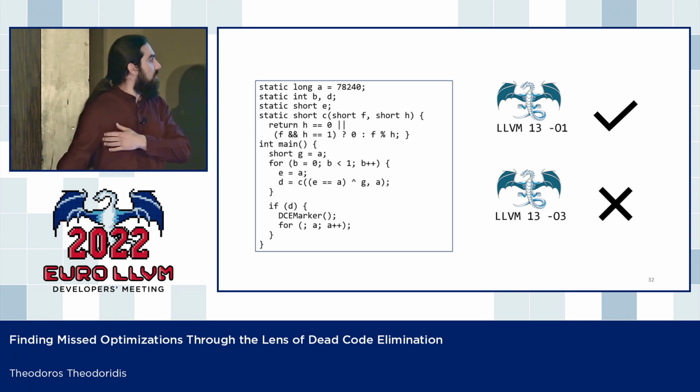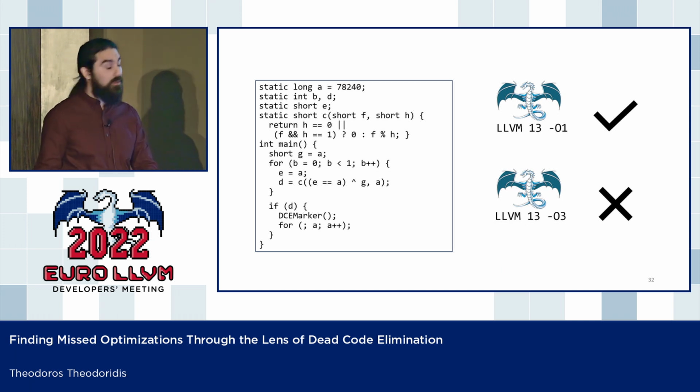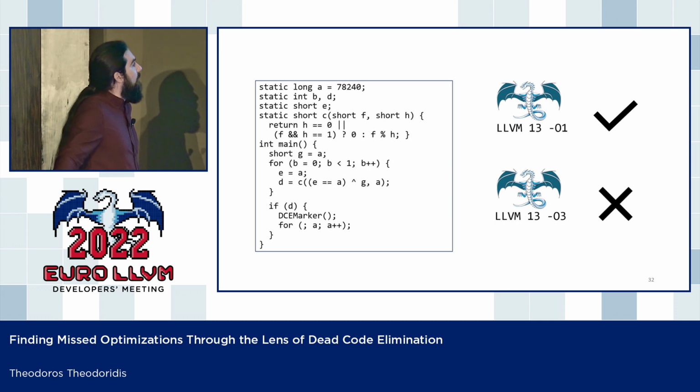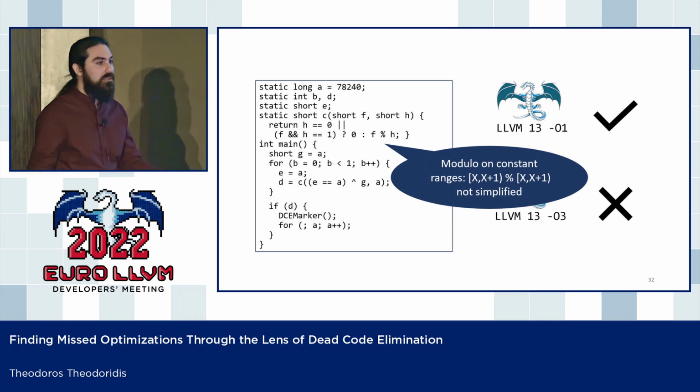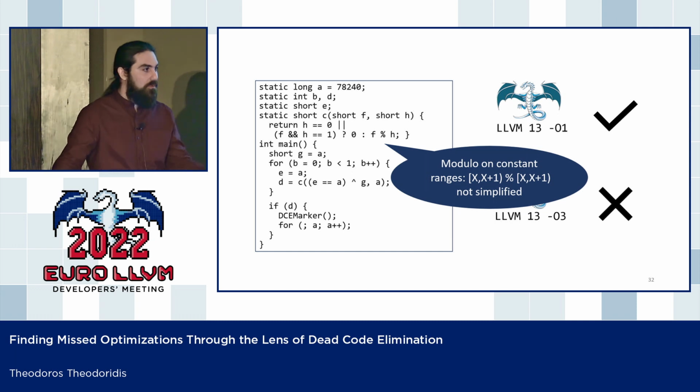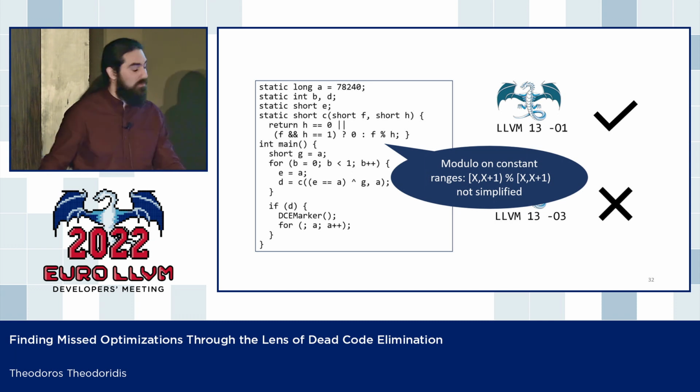So again, the marker was eliminated at O1, but not at O3. What happened here was that the compiler could simplify all the arithmetic, and then at O3 it would figure out that the arguments of this modulo operator were constant ranges of a single element, so the length of these ranges is 1. But the problem was that it wouldn't simplify this, even though, if you do the math, you can see that it's quite easy to simplify.